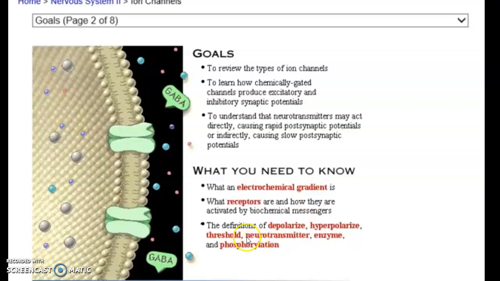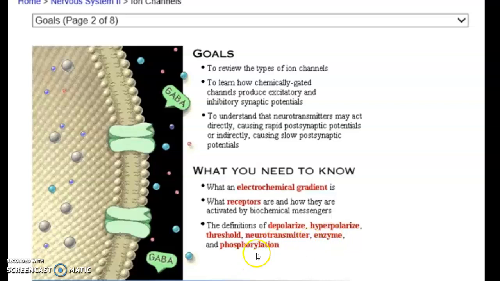We know phosphorylation is when we add a phosphate to something. For instance, ATP breaks off a phosphate group and attaches it to something to release the energy, so it is phosphorylating something. We know enzymes are proteins that lower the energy of activation and cause something to be put together, broken apart, or rearranged.